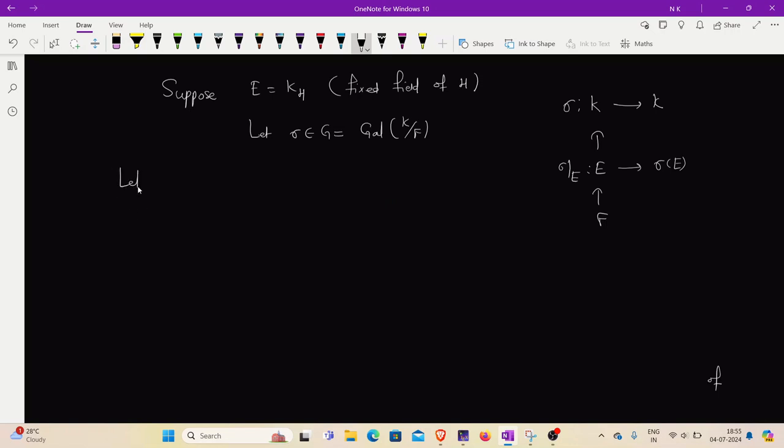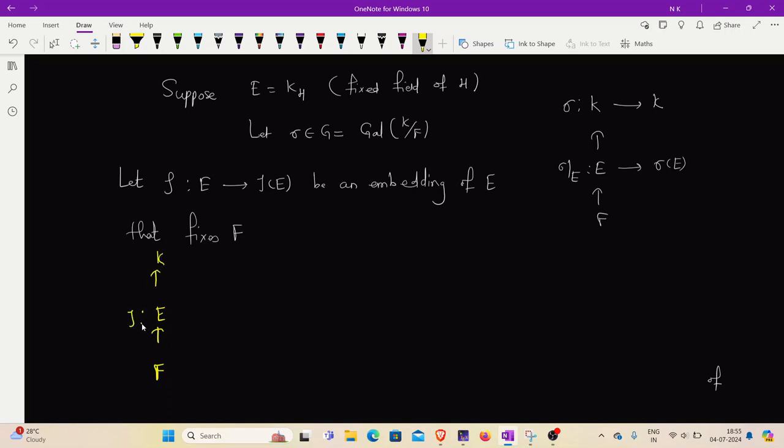Let tau from E to tau of E be an embedding of E that fixes F. Diagrammatically, we can write this statement as follows: F is my base field, then we have E here, and then we have K here. I am taking a map tau from E to tau of E, and this is an embedding that fixes F.